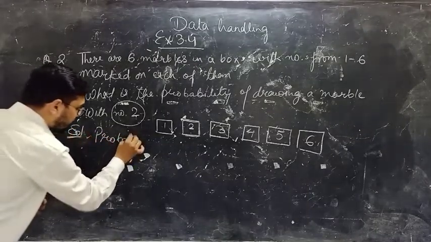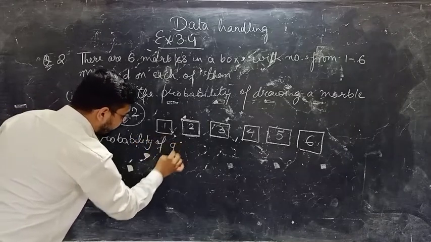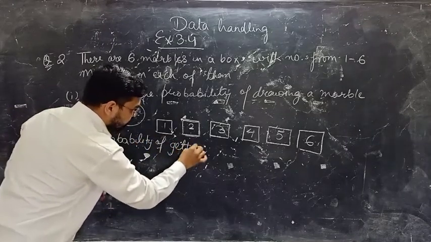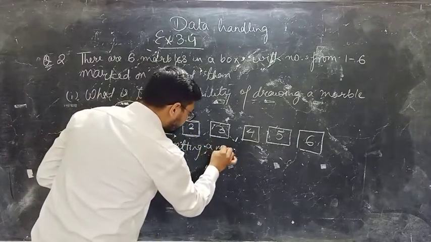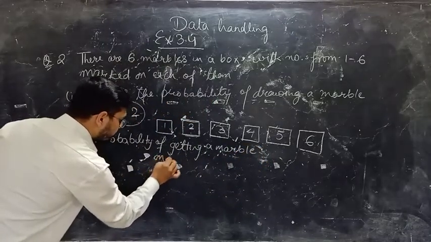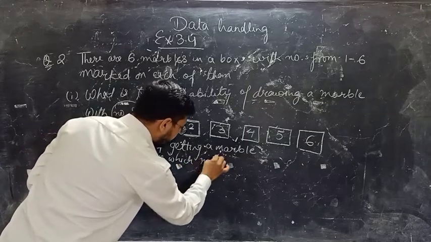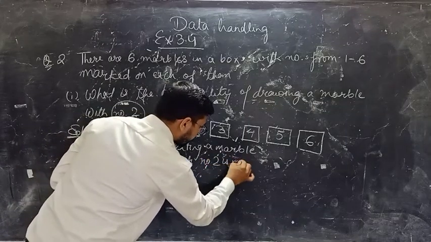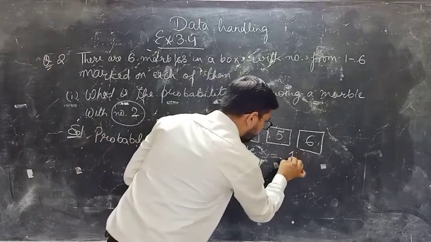So probability of getting a marble on which number 2 is marked. So there is only one event.